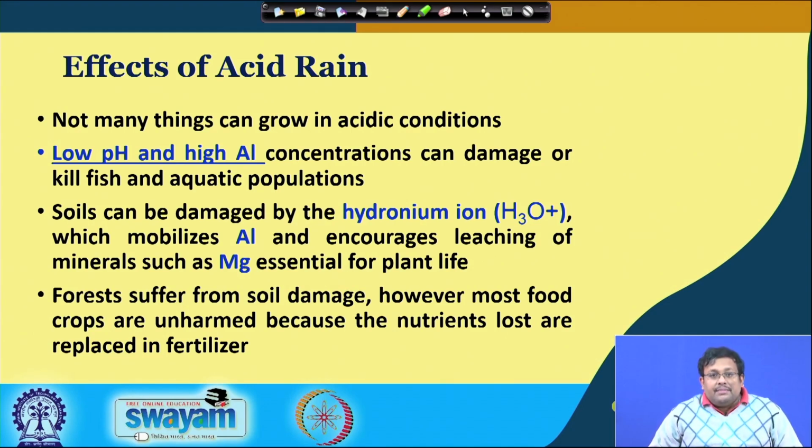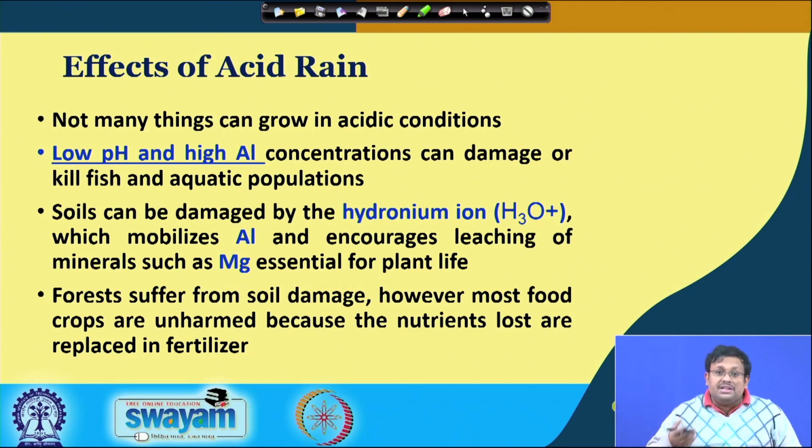Soils can be damaged by hydronium ions, H3O+, which mobilize aluminum and encourage leaching of minerals such as magnesium, which are essential for plant life. You know that magnesium, calcium, sulfur, all these are macronutrients essential for plant growth.